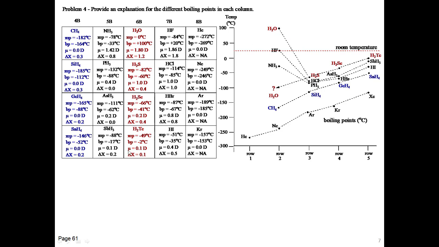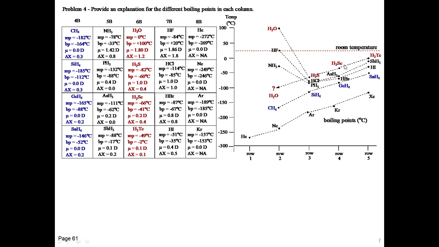Now if we look at these other columns, say this column here with the nitrogen and this column here with the fluorine, the halogens, and the 5B group right here, the lower ones all have very small difference of electronegativity. We say these are nonpolar molecules. And there's a little bit of polarity on the hydrogen halides, so we might be a little bit suspicious on this one.